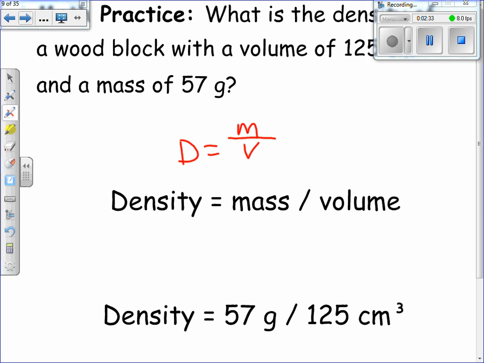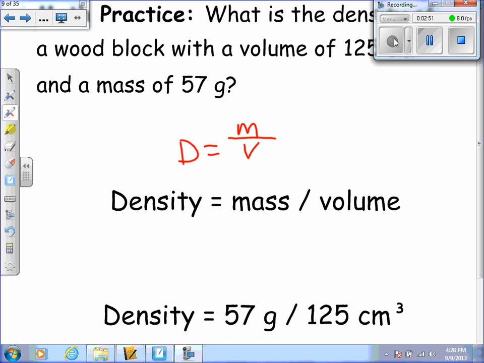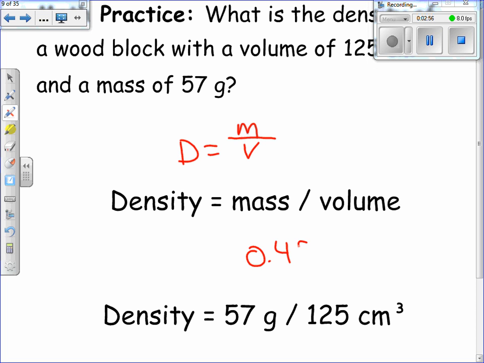We take 57 and divide it by 125, and in the calculator we get 0.456 grams per cubic centimeter. So that is the density of this wooden block.